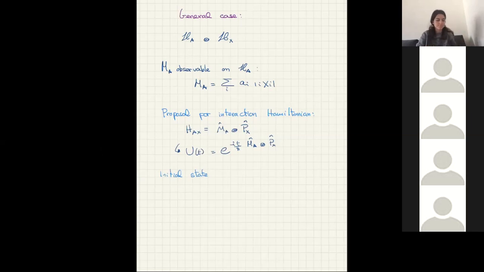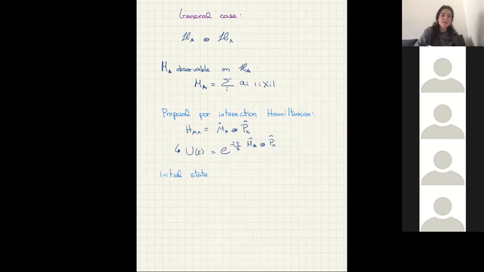It could be some system we want to measure, and then just a pointer, like a pointer particle that we bring in contact with it. So we bring a photon, for example, in contact with the system we want to measure, and there will be some interaction between them. And what we measure later is the position of the photon, not of this system. Okay. In the case that we saw before, it happened to be the same physical object, this particle, but it doesn't need to be.